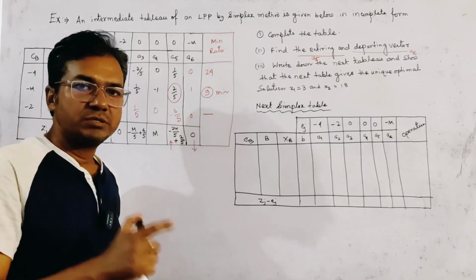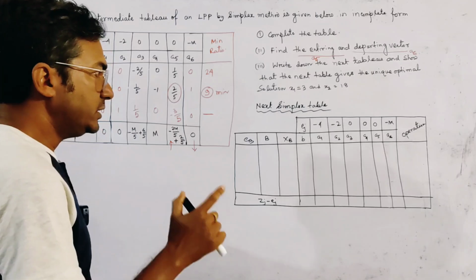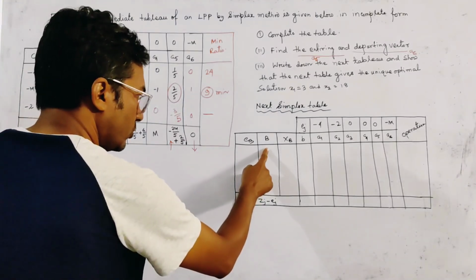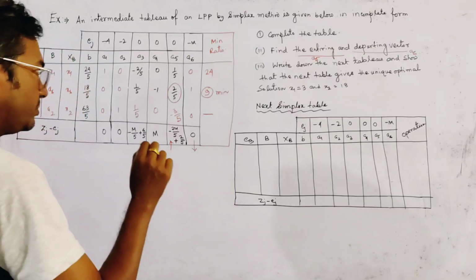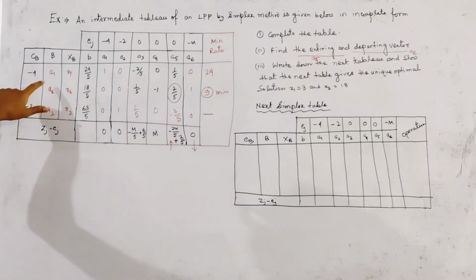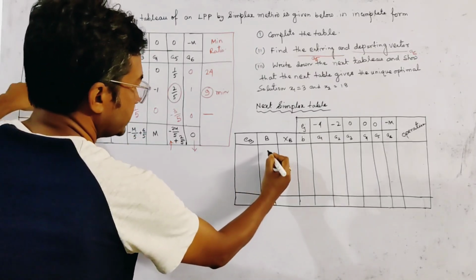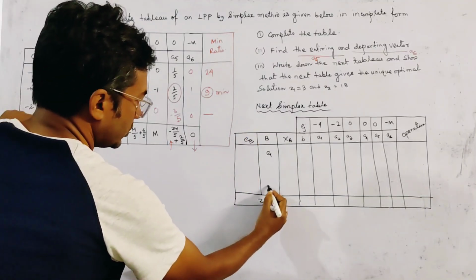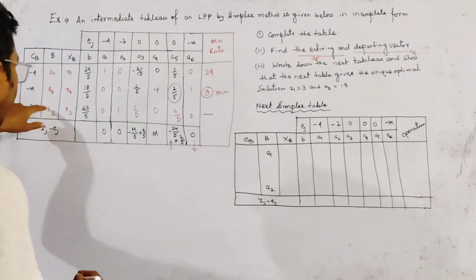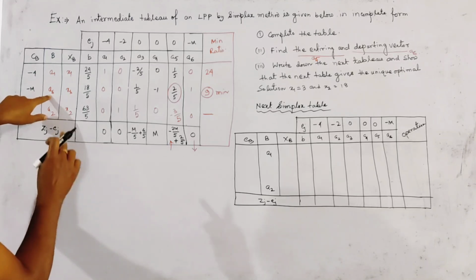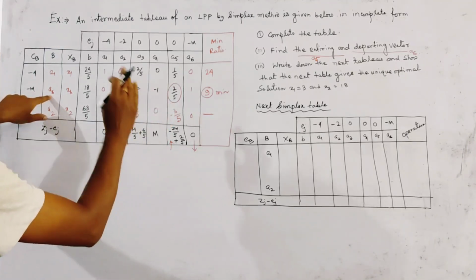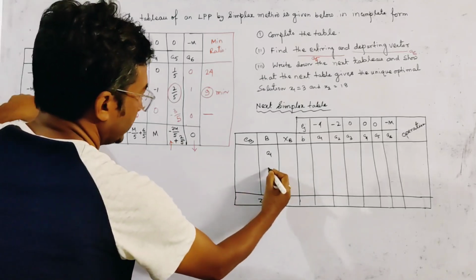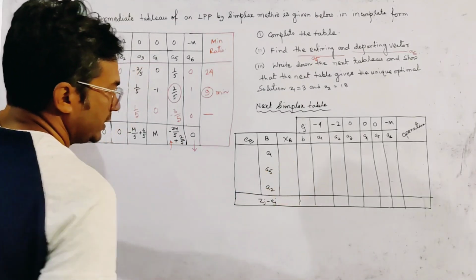Right, now we draw the second simplex table of this method. In the next simplex table we first fill the column of B, that is the basis column. A1 is still in the basis, and A2 is also in the basis, and in place of A6 we write A5, because A5 enters the basis and A6 departs.